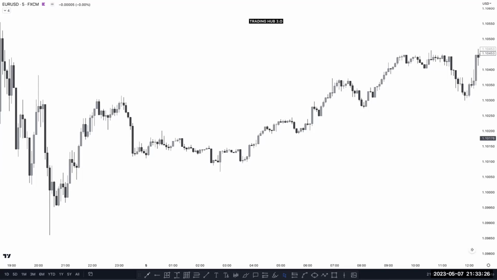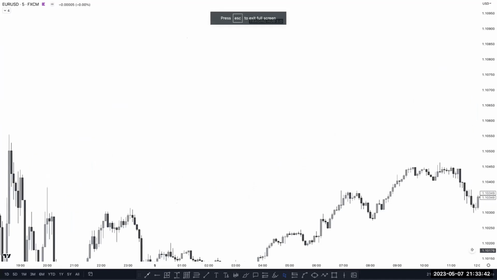Let me show you exactly what I'm trying to explain here. For example, this one is your decisional inducement, and this one is your decisional POI.